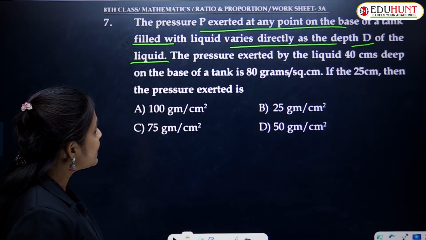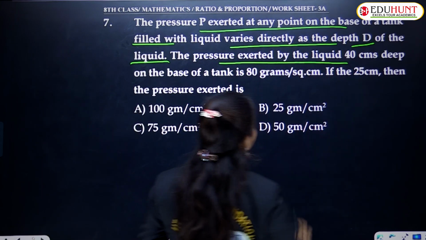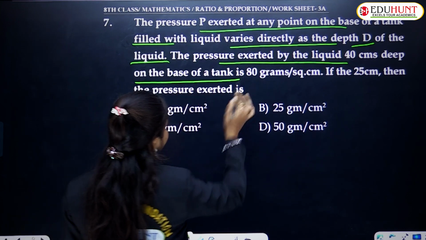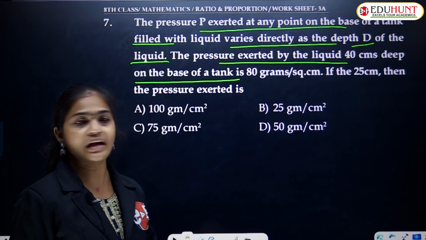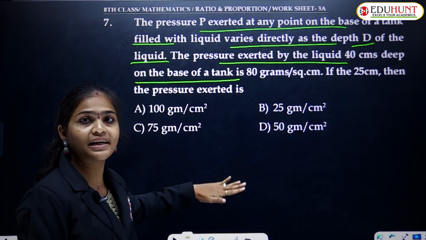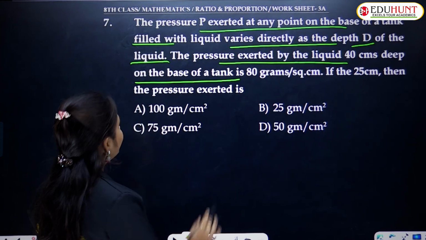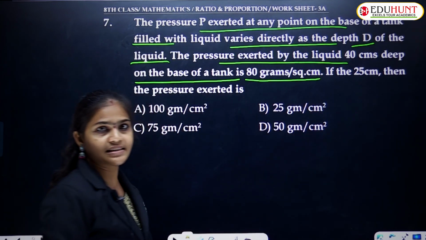The pressure exerted by the liquid 40 centimeters deep on the base of a tank is 80 grams per square centimeter. Actually, this is related to a physics question. You have an idea about this, right? So just how to apply that mathematical condition to a physics question.